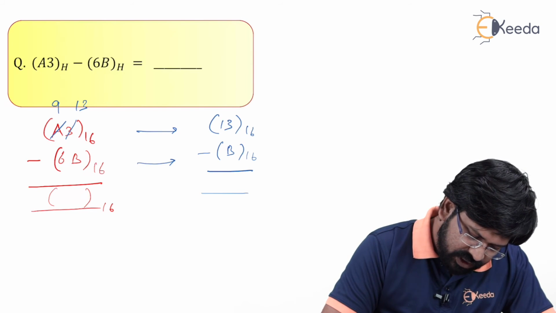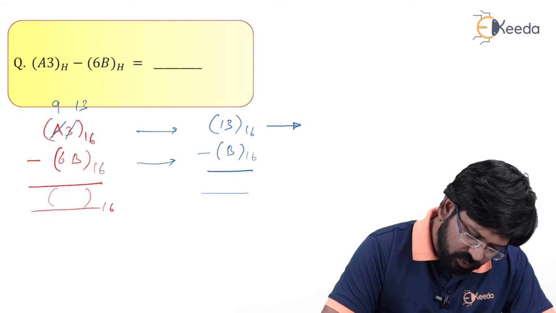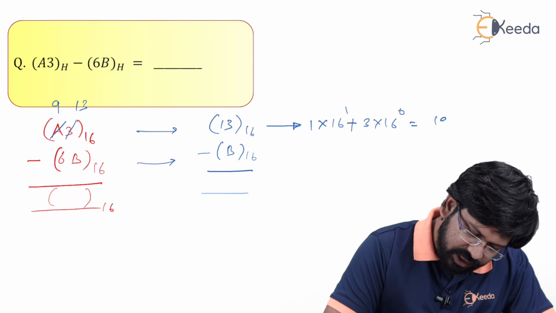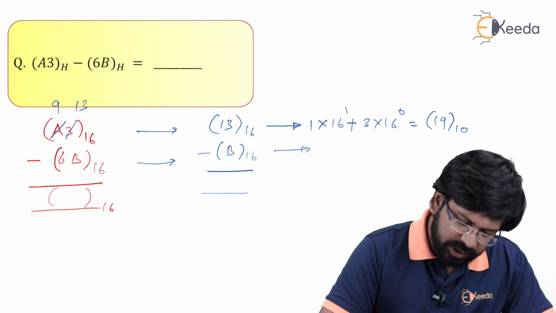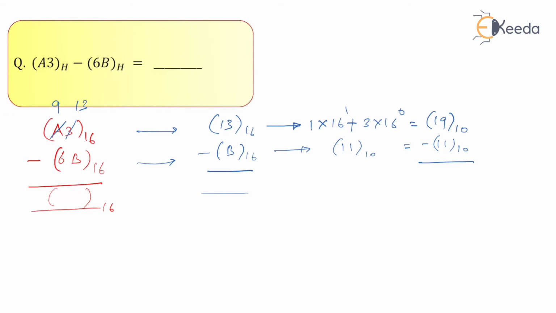First of all, I'll get the decimal equivalent for this by doing 1 into 16 plus 3 into 16 power 0, power 1 here. What I get is 19 to the base 10. And b to the base 16 can be written directly as 11 to the base 10. So I can take this as minus 11 to the base 10. So 19 minus 11, if you do, you'll get 8 to the base 10.